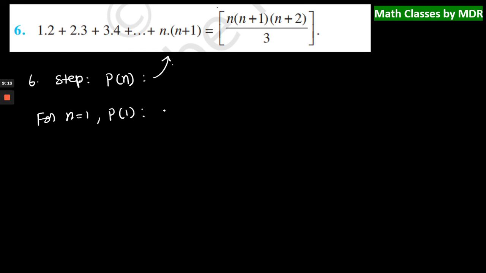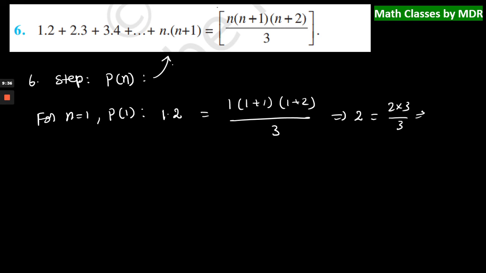On the left hand side, 1 into 2 is the first term, right? The sum of the first terms is equal to n(n plus 1)(n plus 2) divided by 3. Replace n by 1, so we get 2 into 3 by 3, which gives 2 is equal to 2. So hence P(1) is true.